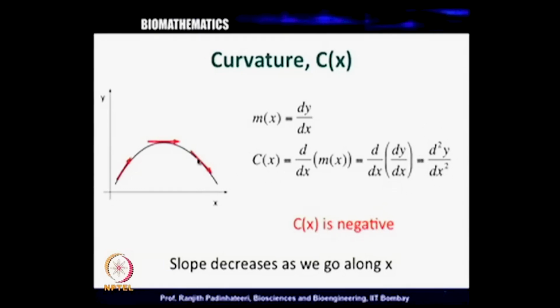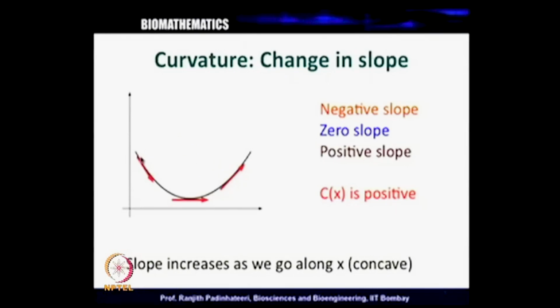But again, the thing to remember here is, even in this case where it's like a U, a concave curve, at this point of minima the slope is 0, the derivative is 0. Here the derivative is going from negative to positive, that is, the derivative is increasing, the slope is increasing.